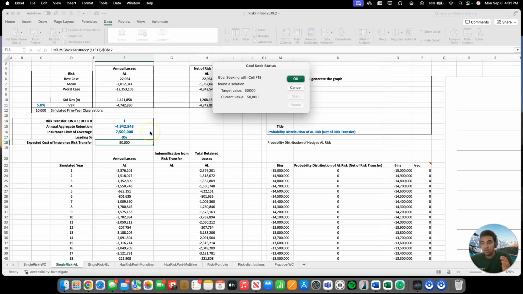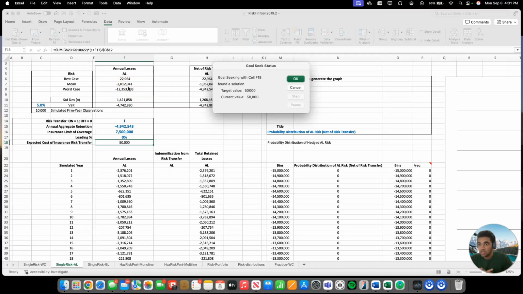We went from 5 million of retention to negative 4.942 million. Now, if you add those two numbers up, negative 4.9 million plus 7.5 million, what do you get? You get 12.44 million in terms of retention and coverage combined, which is still just over your worst case scenario.